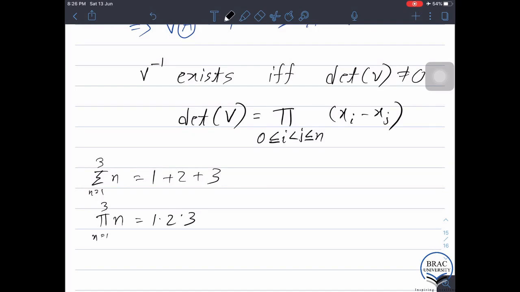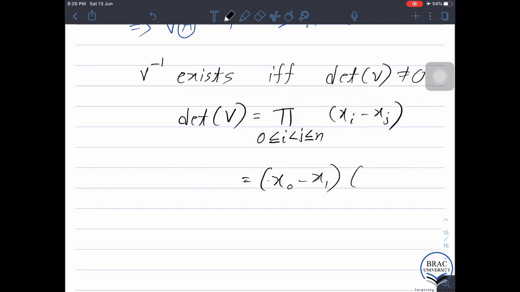Okay, so if you want to expand this out, let's say the first term would be x0 minus x1, you will have x1 minus x2 and all possible combinations. Okay, xn minus 1 minus xn, something like that. Okay, i is less than j, so i is less than j. Okay, yeah, it's correct, the last one.